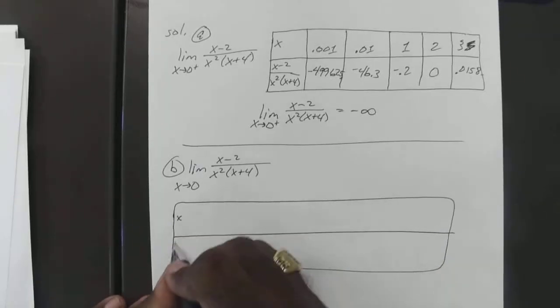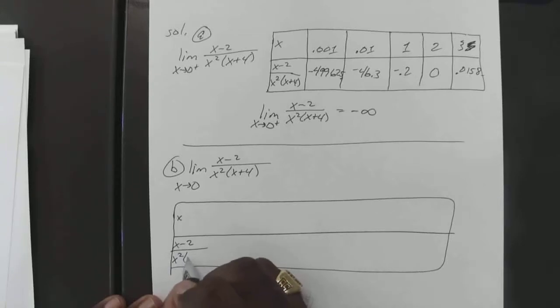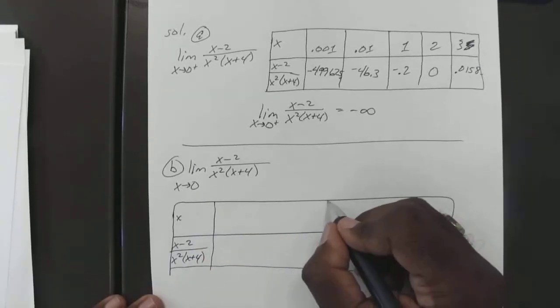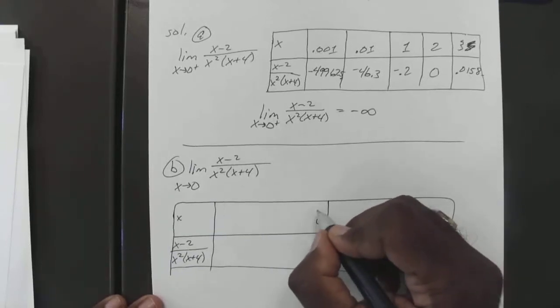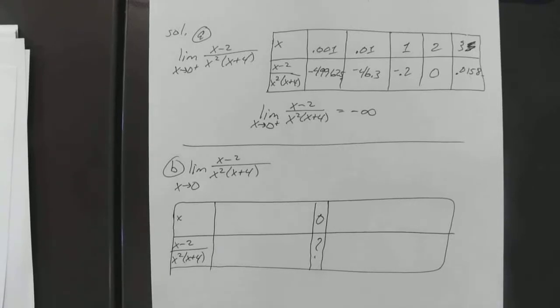Okay, so this is your x, and this is your x minus 2 over x squared times x plus 4. And I'll just put the 0 right there in the middle, because we know that's going to be undefined.